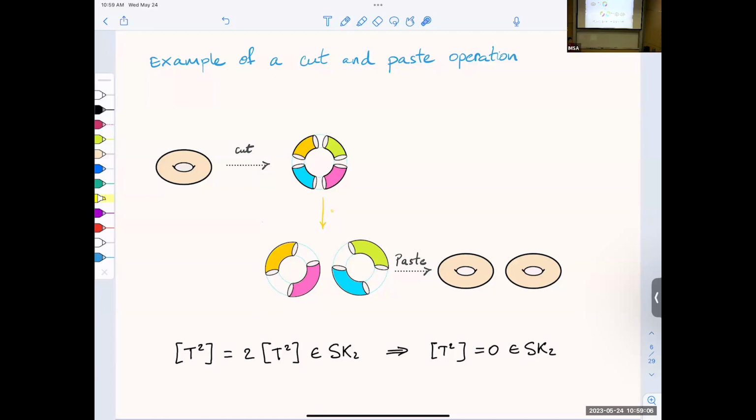So this example generalizes for mapping tori, and in general, we know that for any dimension that you want, mapping tori are going to be 0 in whatever dimension you've chosen in cut and paste. So mapping tori are 0, which is not true for cobordism, as we will see.